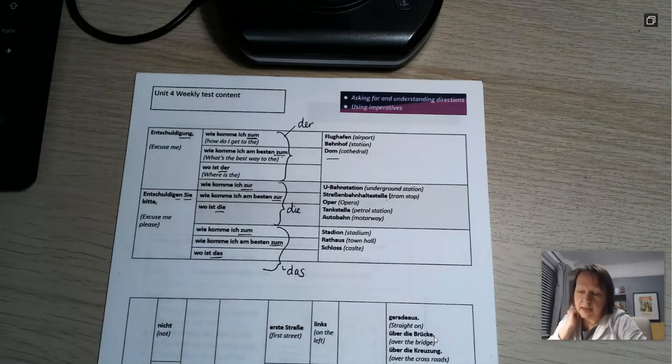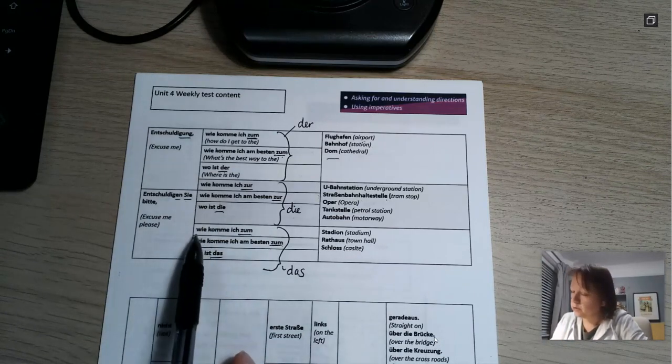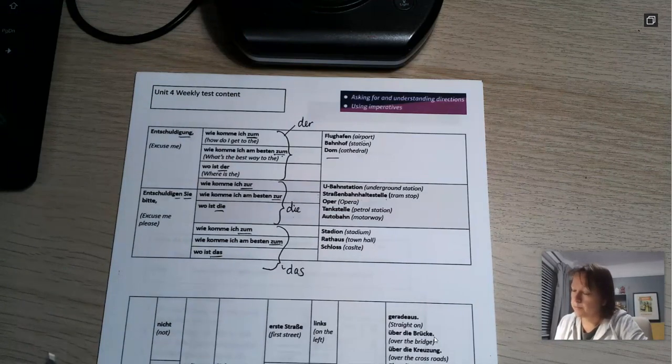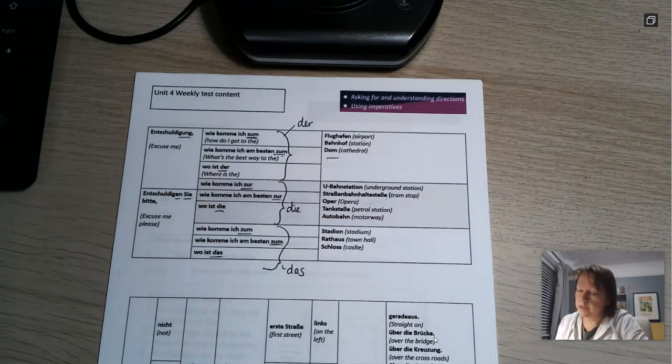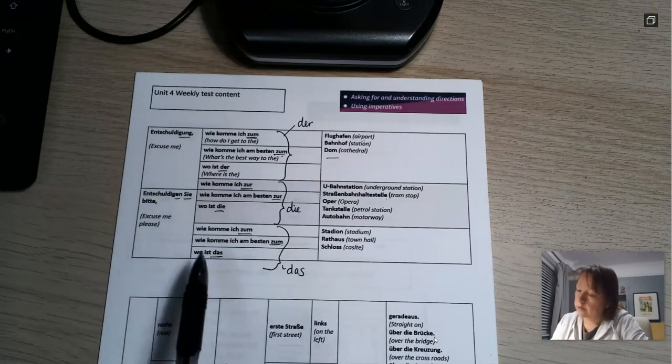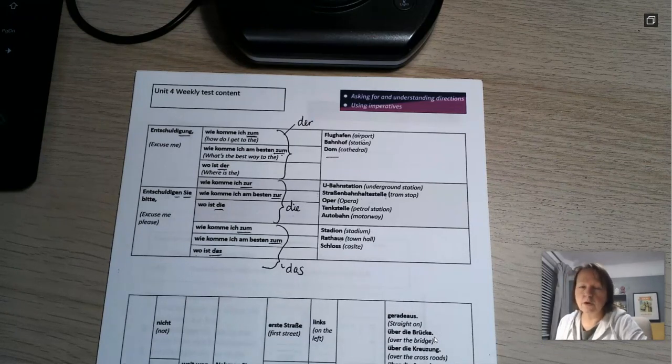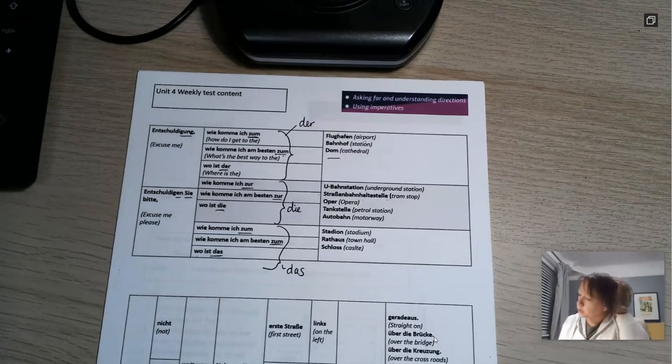Okay, how would you say, how do I get to the stadium? Hopefully you've got, wie komme ich zum Stadion? At the bottom there. And then how would you say, where is the town hall? Wo ist das Rathaus? Lovely. All right, a little bit of revision on that, so we're fine and we're going to move on.